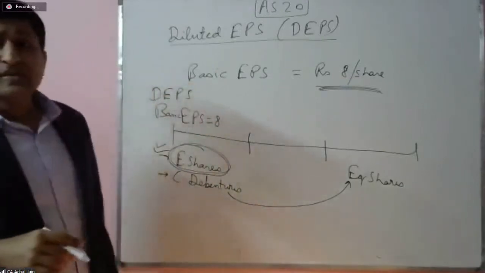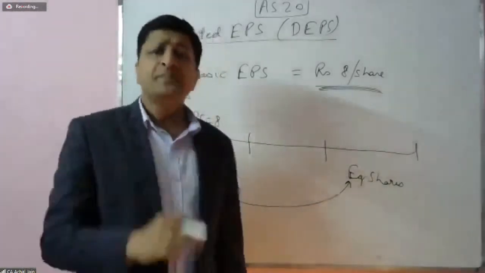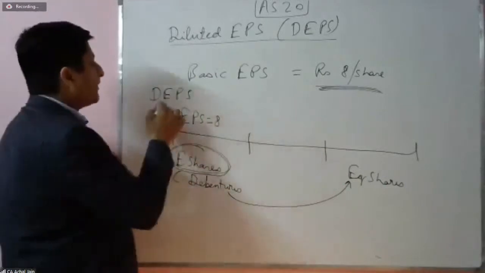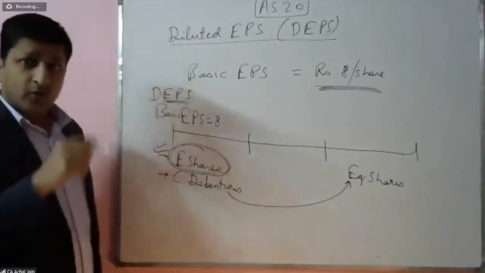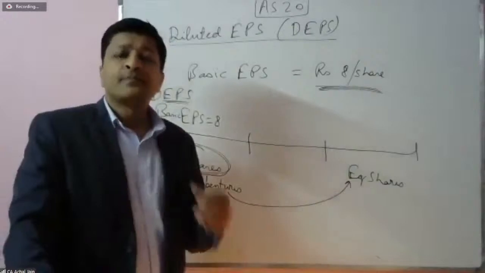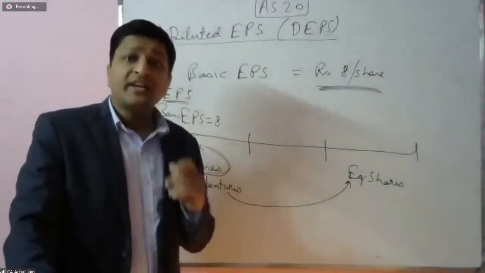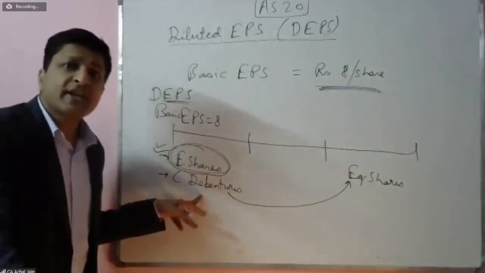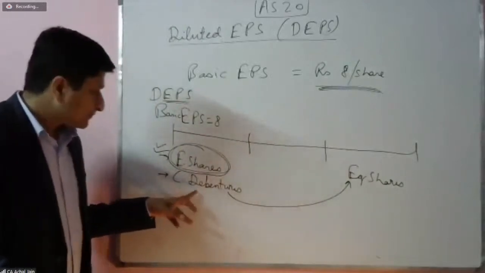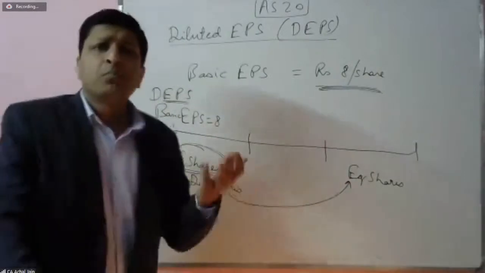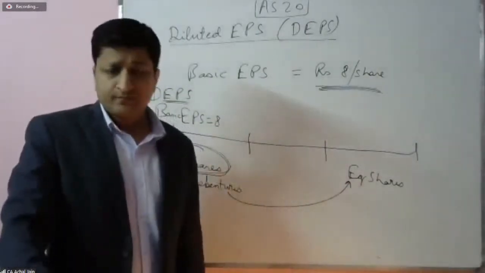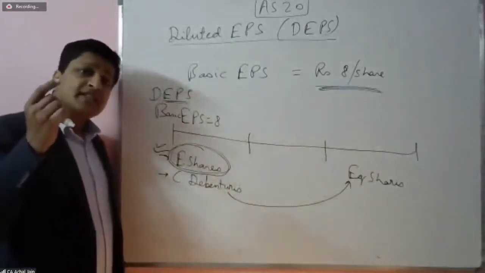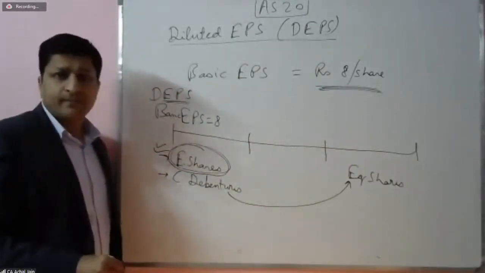Now, what does this DPS mean? DPS means we need to compute the EPS wherein we should assume that these type of potential equity shares, what do we call them? Potential equity shares, should also be considered as equity shareholders.